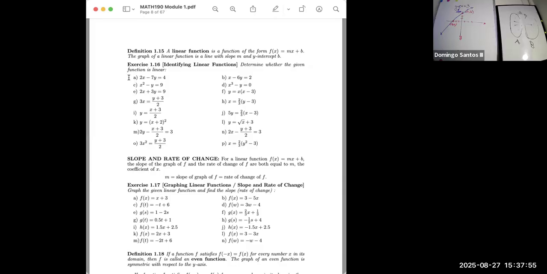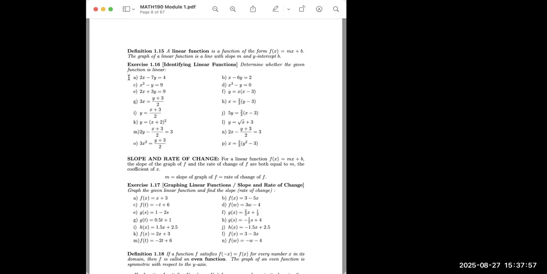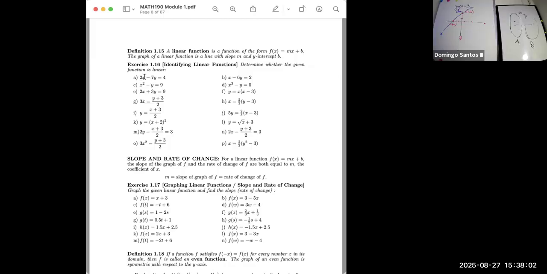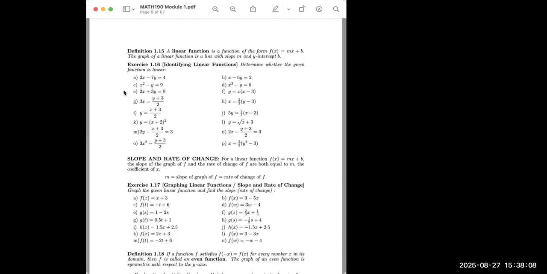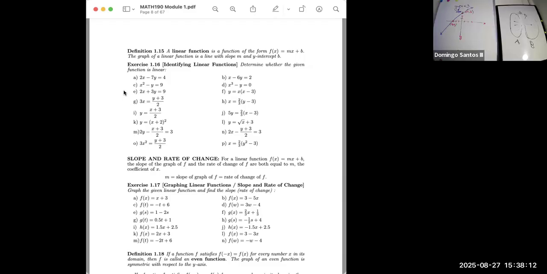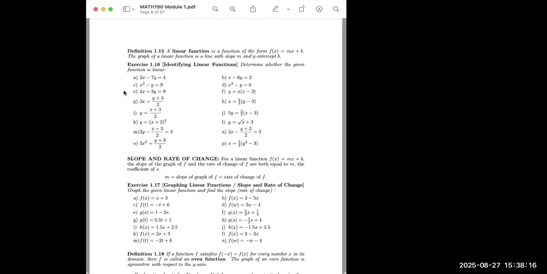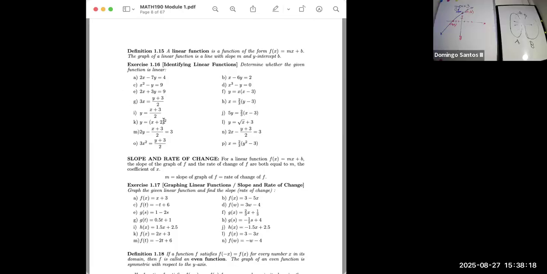So let's do letter A. Line or not? Yes. Very good. Letter C. No, because the exponent of x is 2, which makes this a parabola, right? Letter E. Yes. Very good. Letter G. Yes. Letter I. Yes. Letter K. No, because if you spell this out, you would have x squared plus 4x plus 4, right?